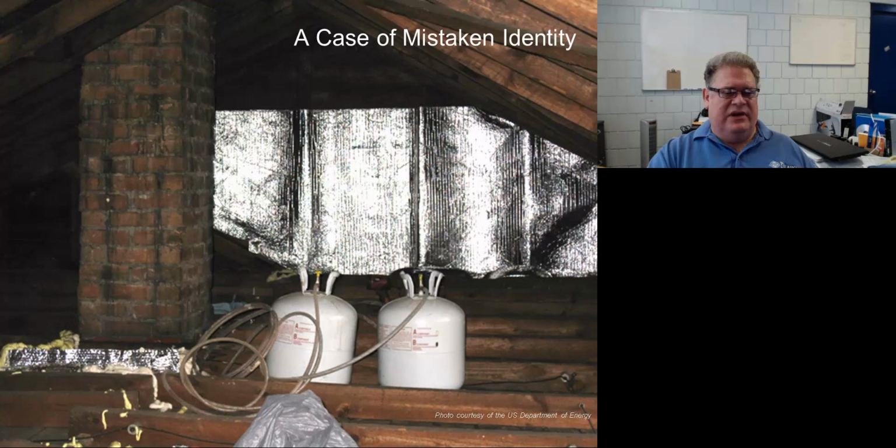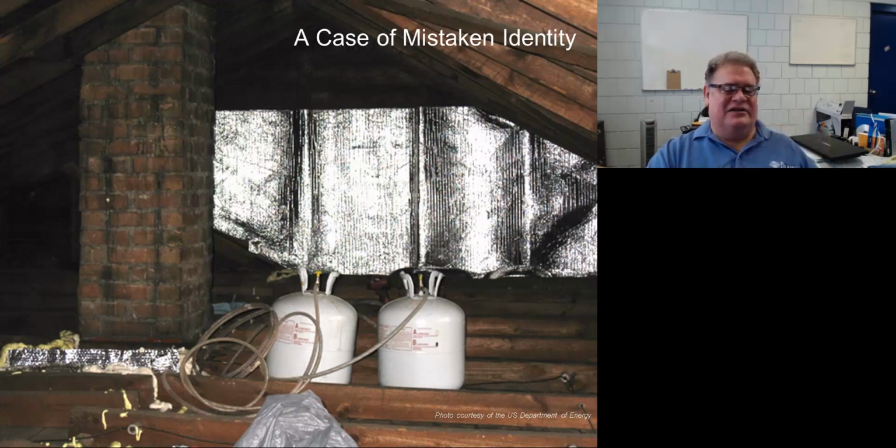Now, here we have a case of they just don't understand the program. Okay, the workers that were working on this completely misidentified where the location of the thermal boundary was. They're trying to install an air barrier, and what they have done is wrap the attic gable with Reflectex, using it as an air barrier.